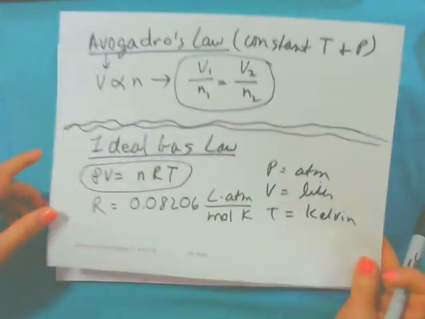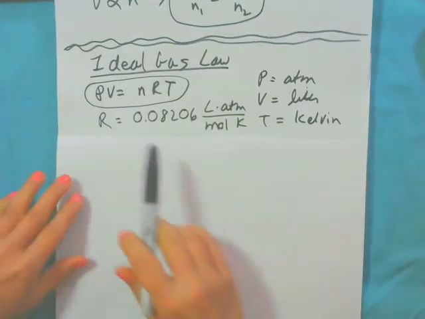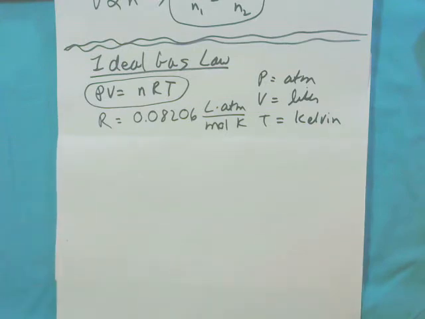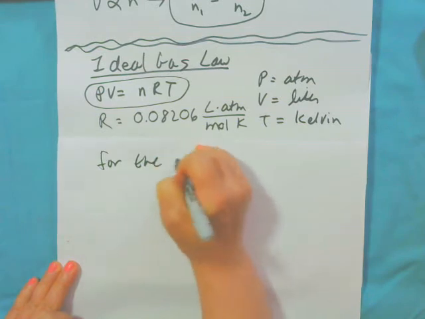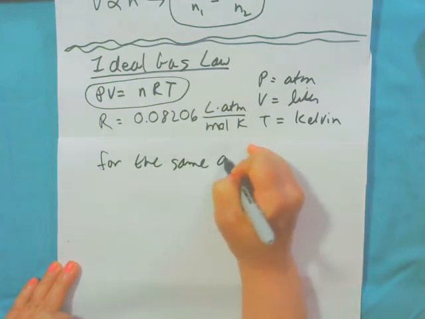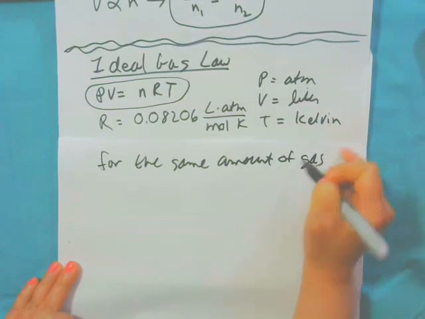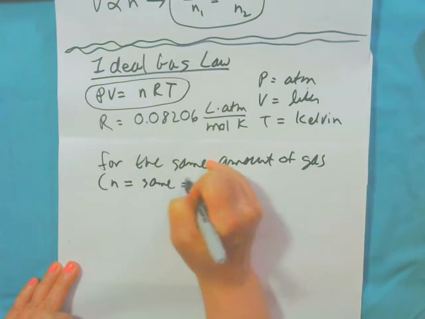Okay, now the other thing that we get out of the ideal gas law is if you actually take one ideal gas law and divide it by another ideal gas law. So for the same amount of gas, so for n equal to the same number.